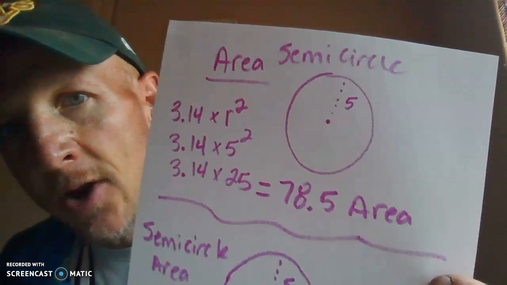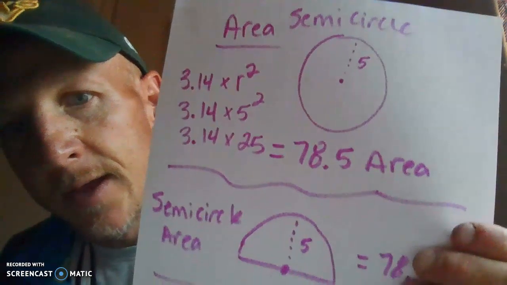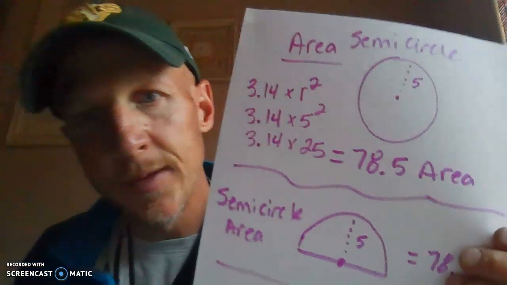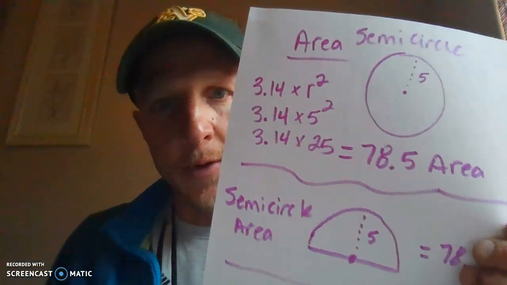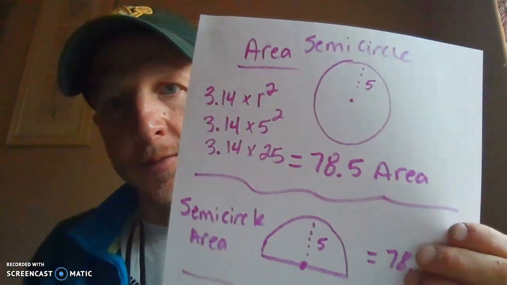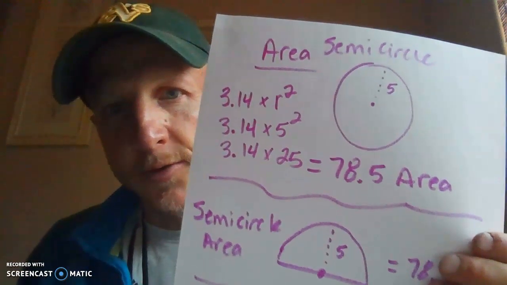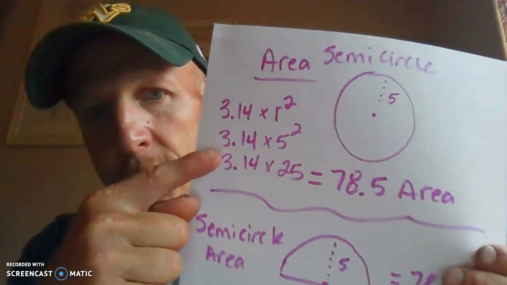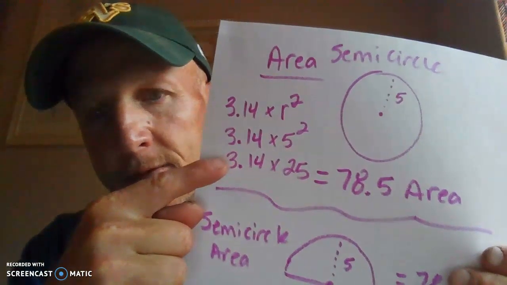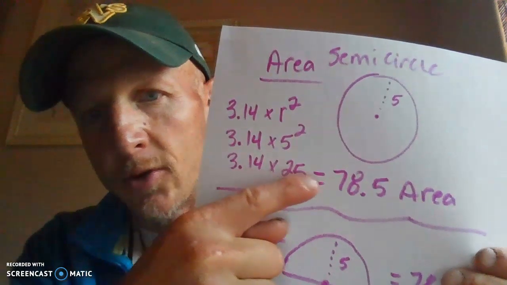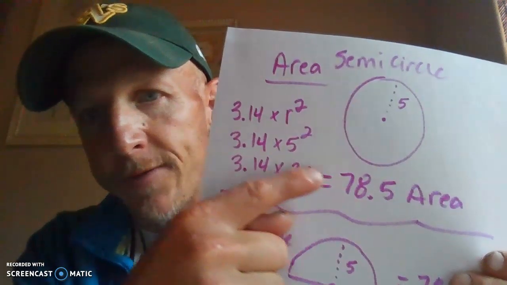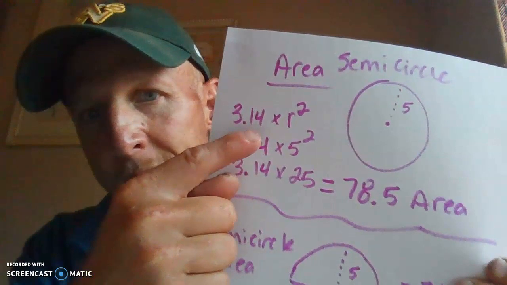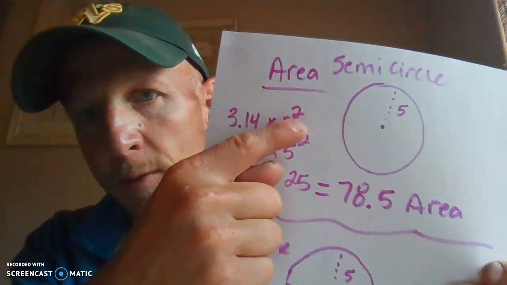So if I was going to find the area of a semicircle that looked like this, I would multiply 3.14 times the radius squared, which is 3.14 times 5 squared in this case, or 3.14 times 25, which gives this circle an area of 78.5. So I followed my formula of pi times the radius squared.